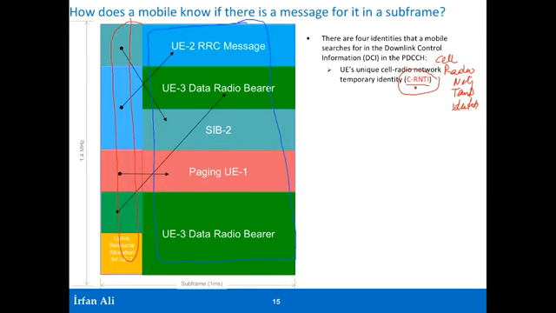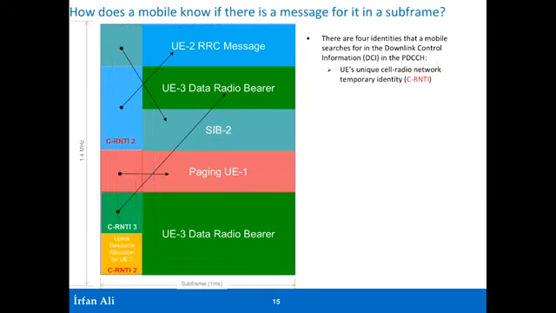This is the unique identity that the eNodeB provides to the UE, that the UE uses for communication between the mobile and the network, and we had covered it in one of the previous lectures on the LTE architecture or LTE attach lectures.